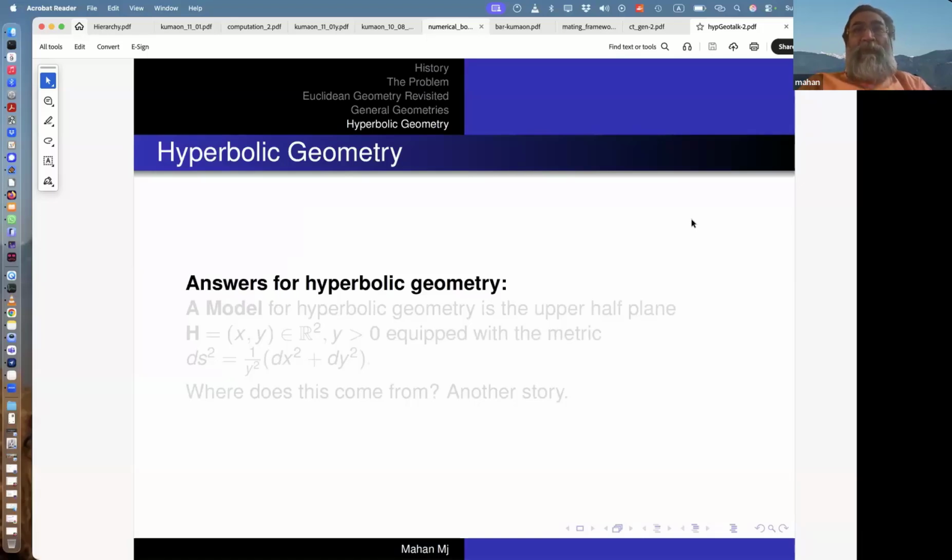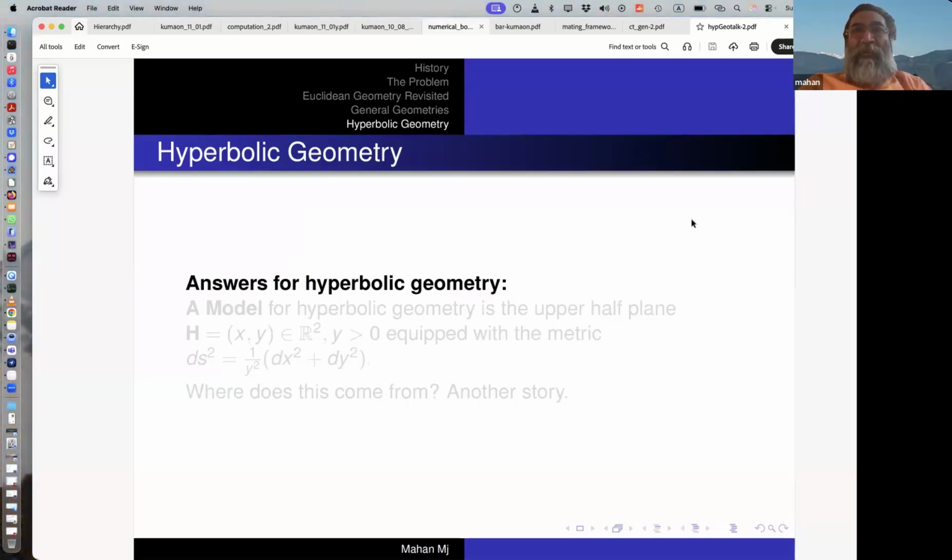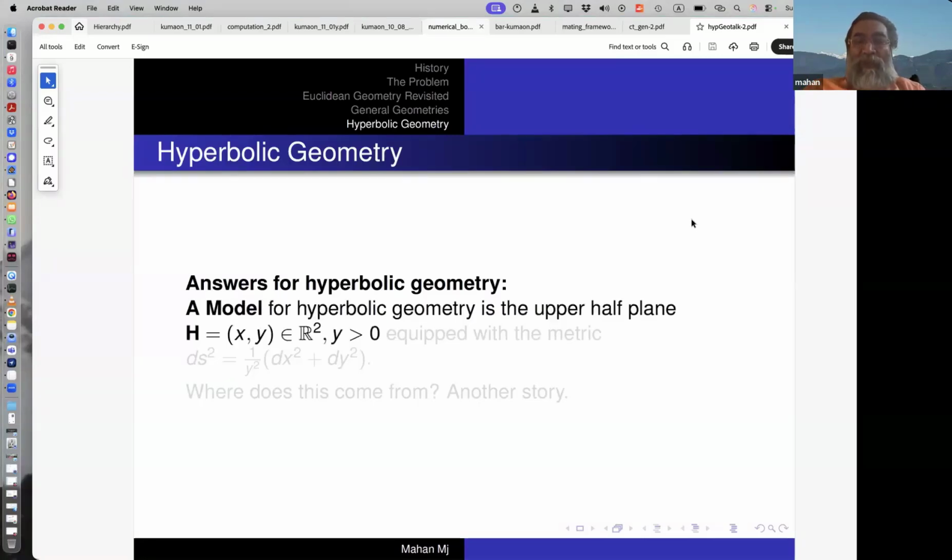So all that hyperbolic geometry will be is a particular choice of these functions f and g, and they will be defined not on the entire R2, but on a naturally chosen open subset of R2. Because what we are building is basically a model. So for a model of hyperbolic geometry, the subset that you're looking at is the upper half plane. It's x comma y with y greater than 0. It's the strictly open upper half plane. And the metric is dx square plus dy square, but divided by y square.